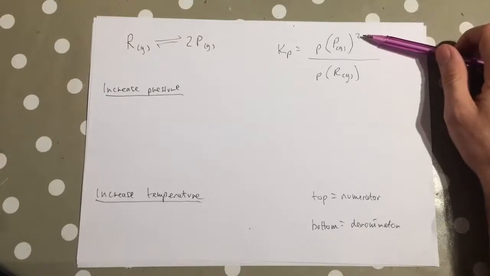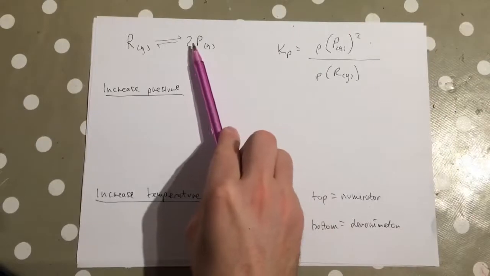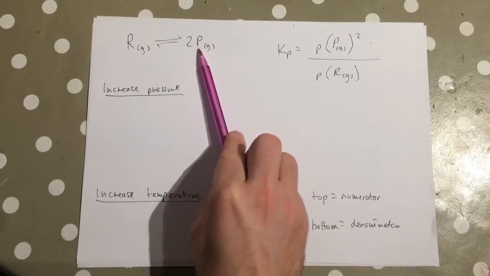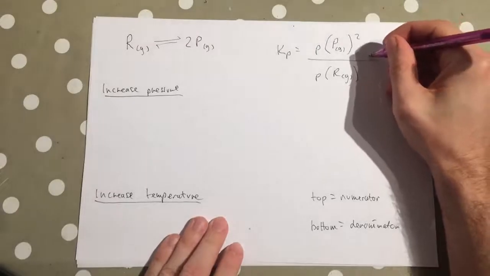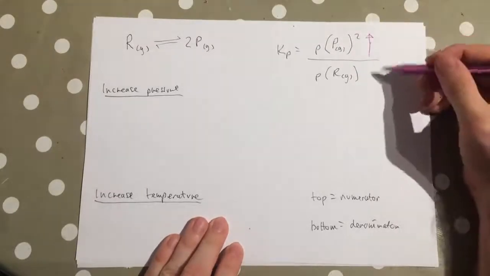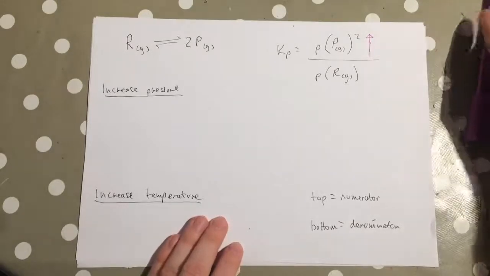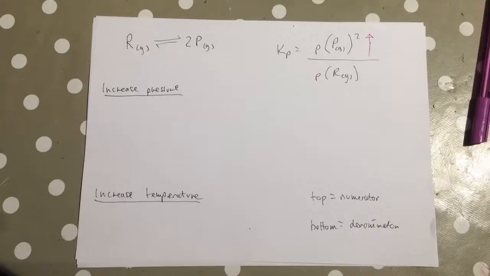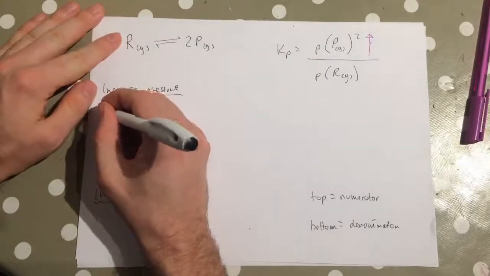However, as I've got this squared here, basically as there's more moles of gas on the right here, what's going to happen is my top term, or my numerator, will increase more. Both of these will increase, the top and the bottom, but the top term will increase more because of that squared there. So let's get that down in our little skeleton answer here.